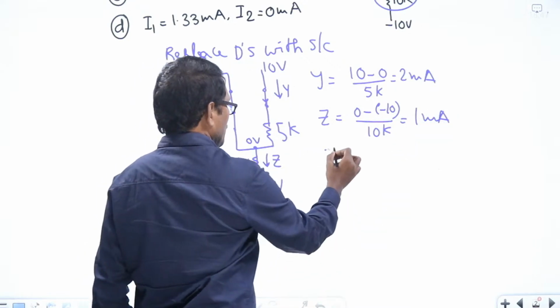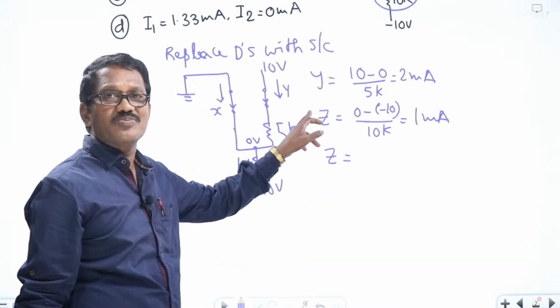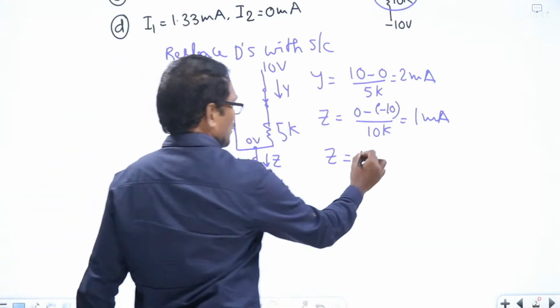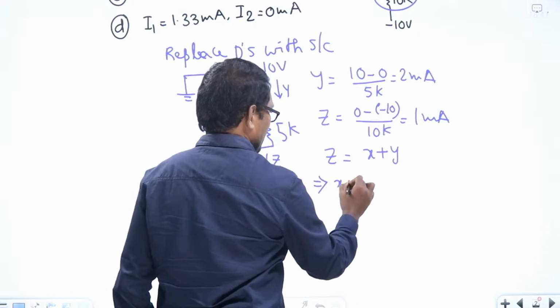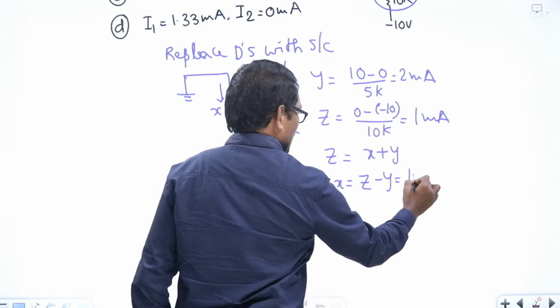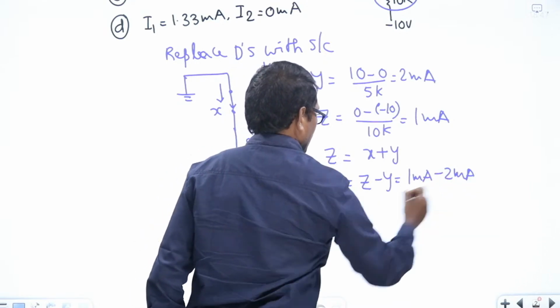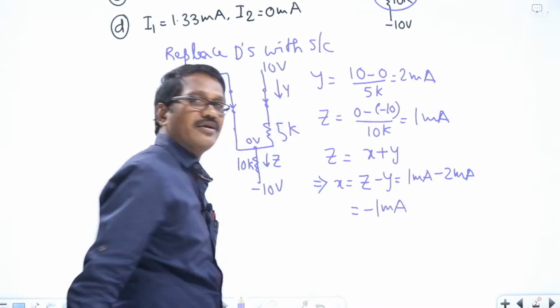And we know that by KCL, Z is equal to X plus Y from this figure. So X is equal to Z minus Y, 1 milliampere minus 2 milliampere, that is minus 1 milliampere.